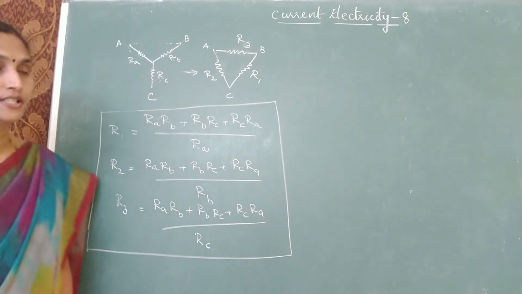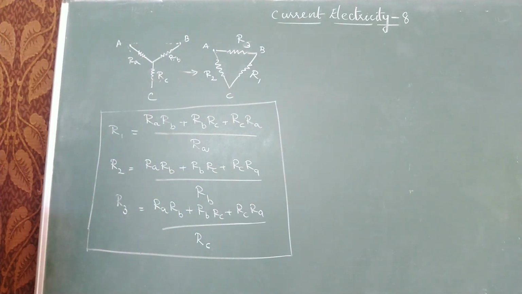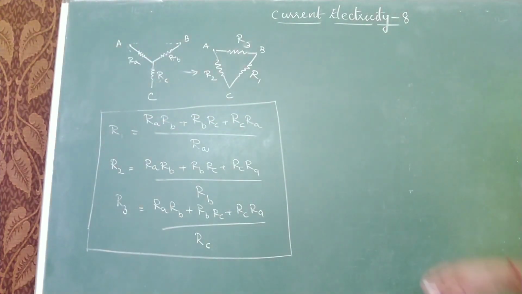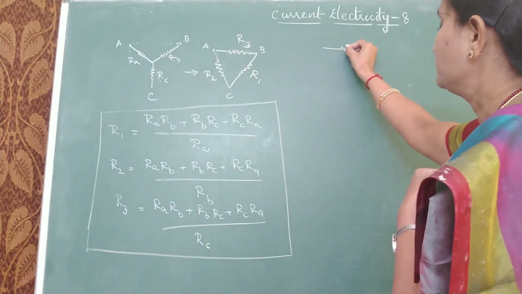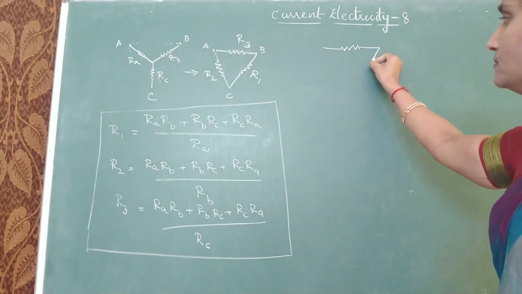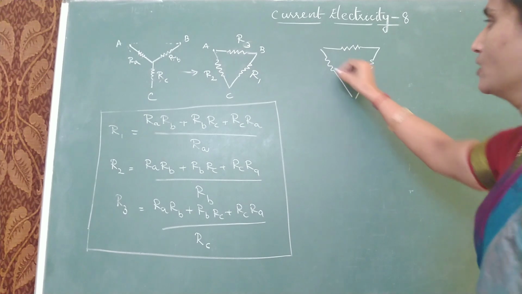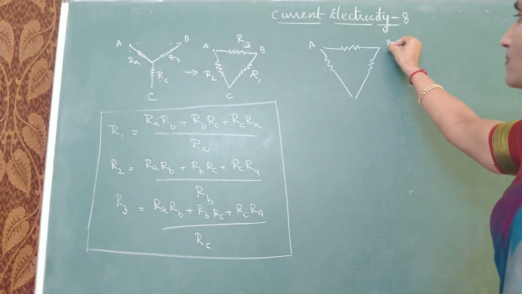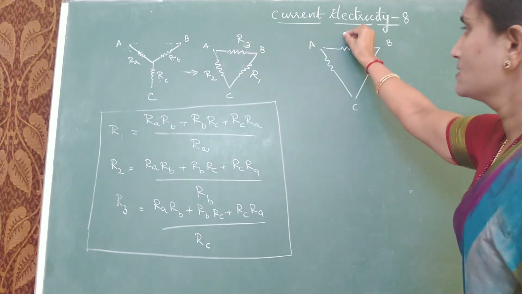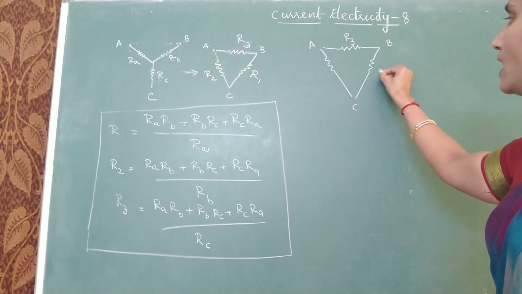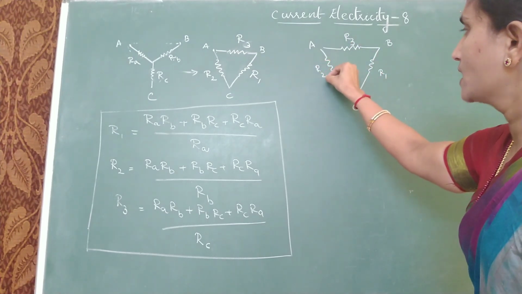Now the reverse I will also tell you. When you want to convert a triangular network into a Y-shaped network, I will take the same diagram. Between A, B and C we have R3, R1 and R2.